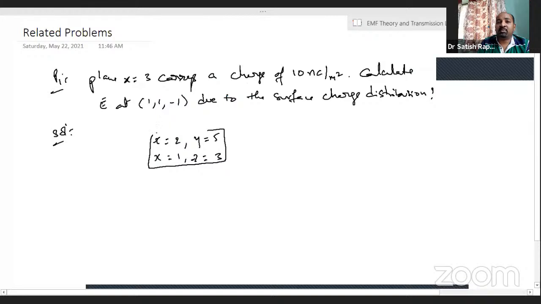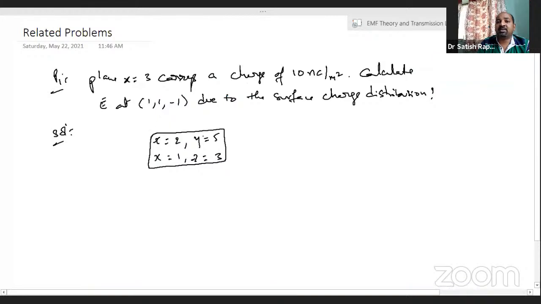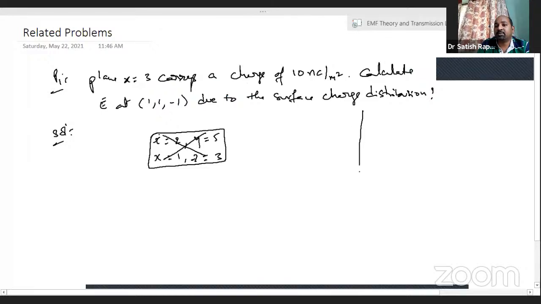Whereas a surface is indicated with a single coordinate, x equal to 3. So that means what? Let me draw here.